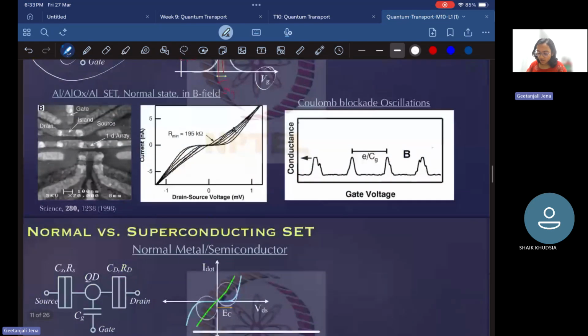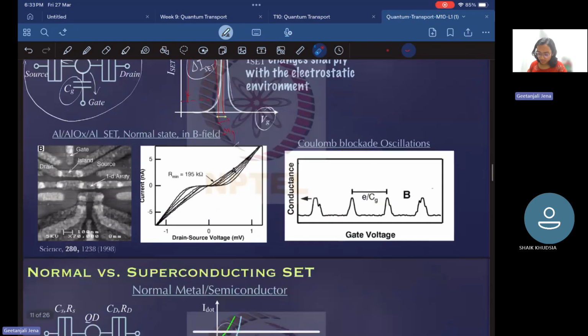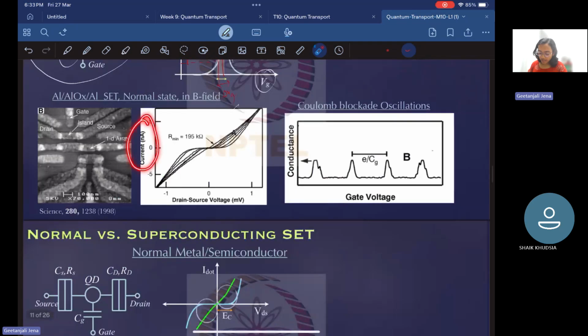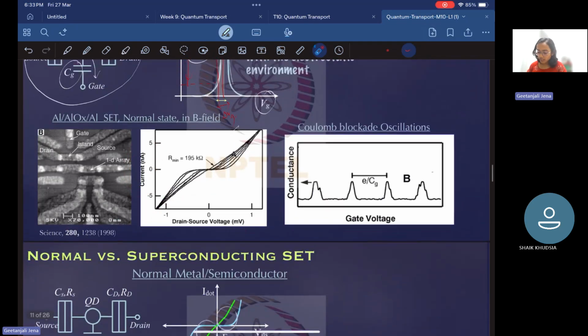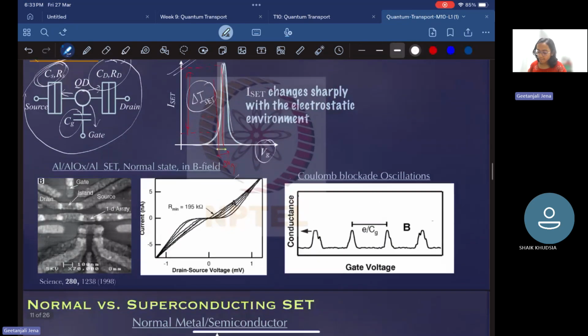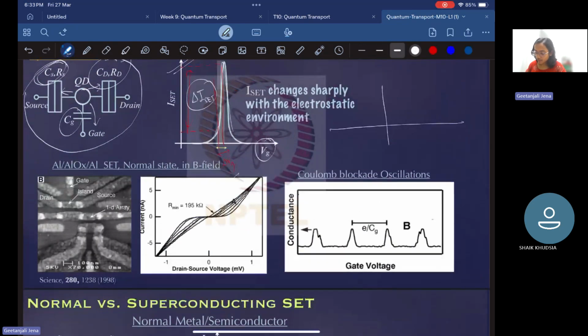I think these graphs are already familiar to you. Just to brief in detail, this one is the current versus drain voltage graph. We have seen this graph earlier. Typically for a SET, the current behaves like this: up to the charging energy, the current is zero.